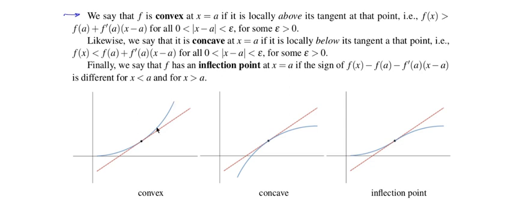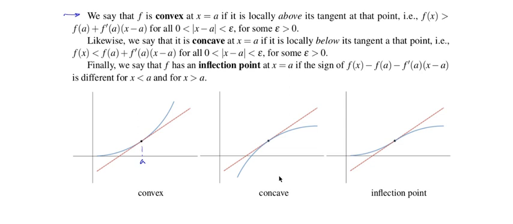The function is this blue line, and the red dashed line is the tangent at that point a, right? This is a, right? So here the function is above it, because the values of the function are greater than the values of the tangent, right? Now, if a function is below the tangent, we call it concave.